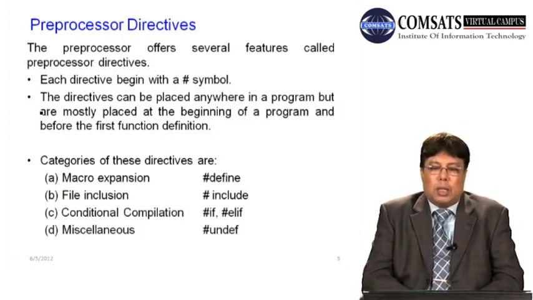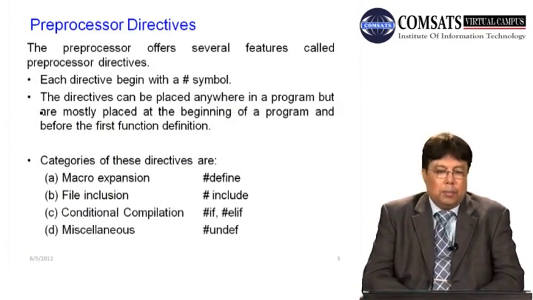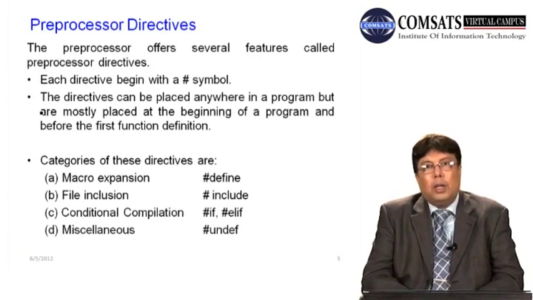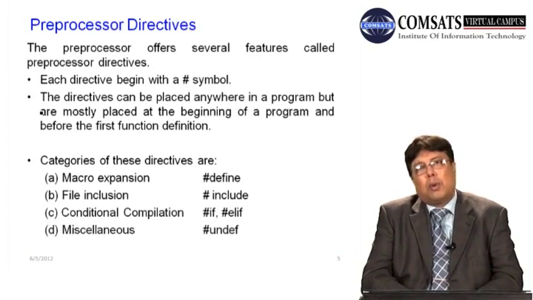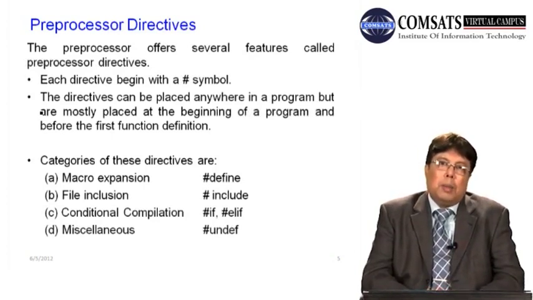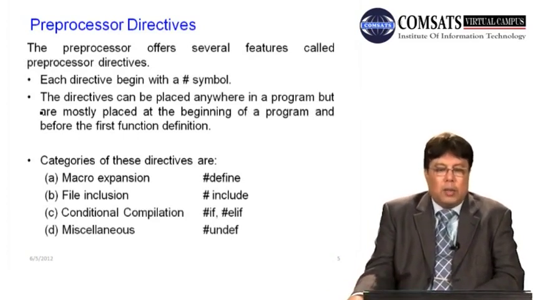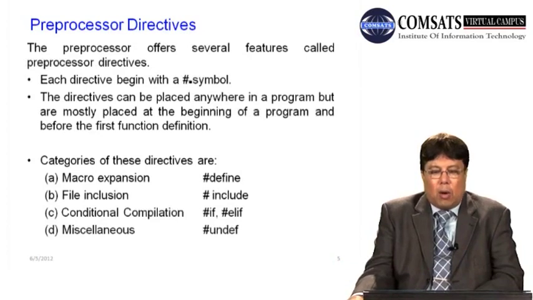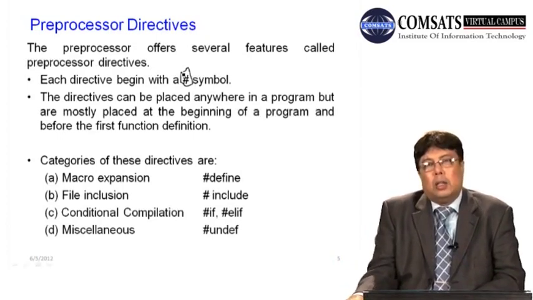This preprocessor offers several features, several facilities, and basically each directive provides you a different facility or carries out a task on your instructions. So the preprocessor commands are also called preprocessor directives. Each directive begins with a symbol called the hash symbol. You remember? First hash sign, space, include.